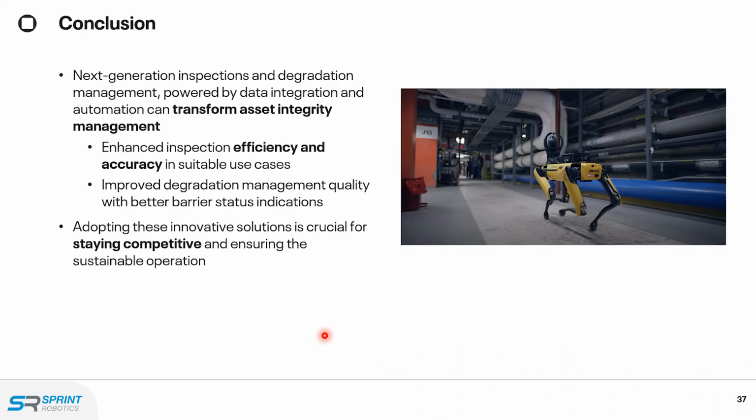So authorities would not recognize an autonomous inspection as taking credit for a mandatory inspection, for example, but for sure it will improve accuracy and efficiency, right? And adopting those technologies will keep companies competitive, ensuring a sustainable operation.